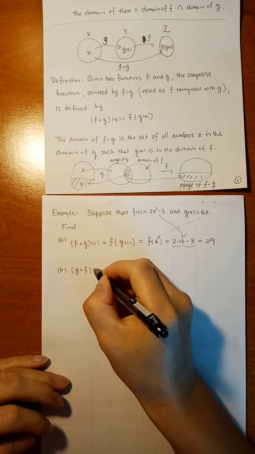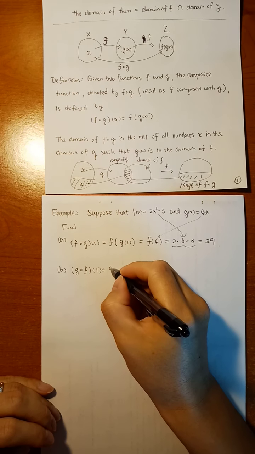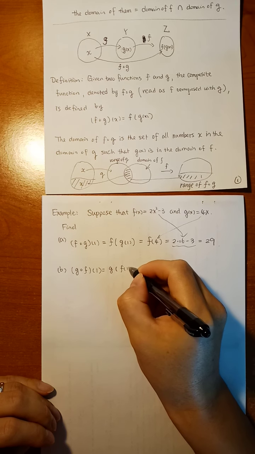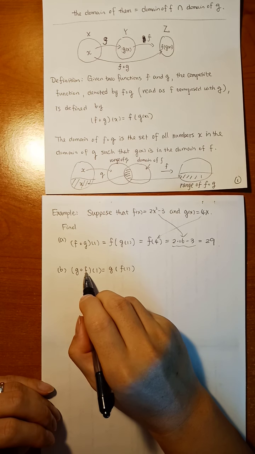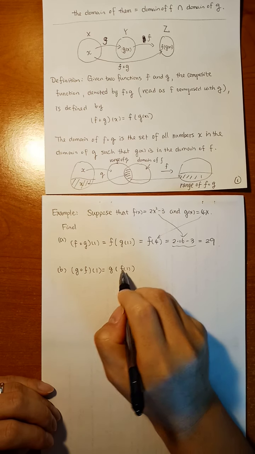And g composed with f of 1. By definition, it's g of f of 1. So you always apply the closer function first.